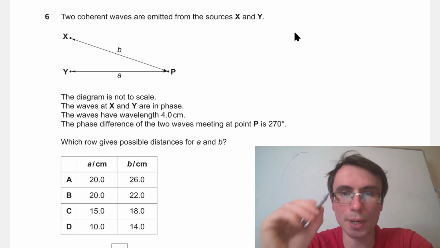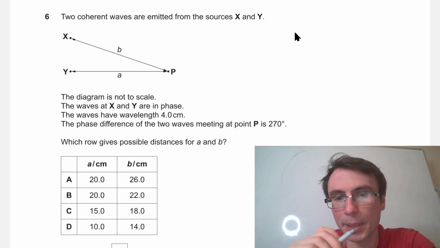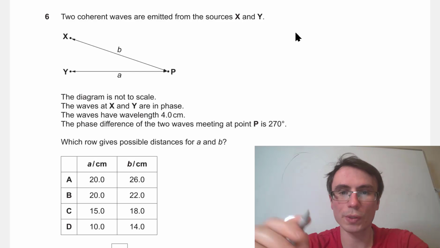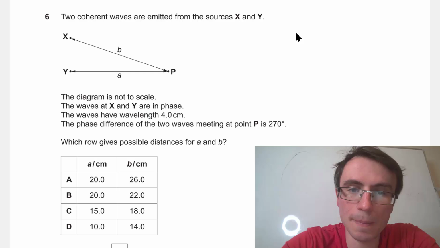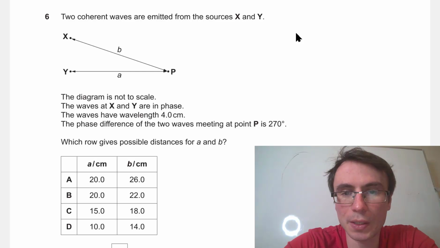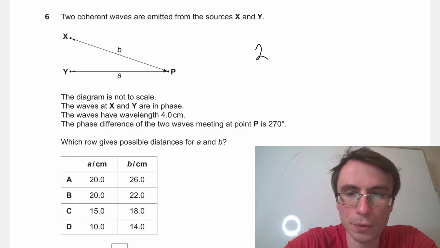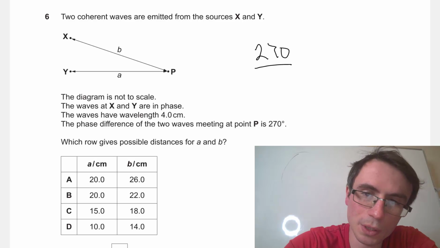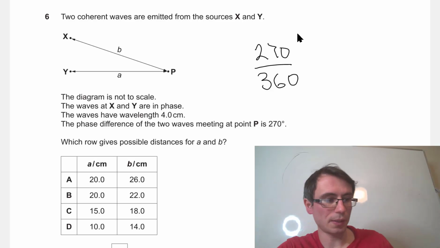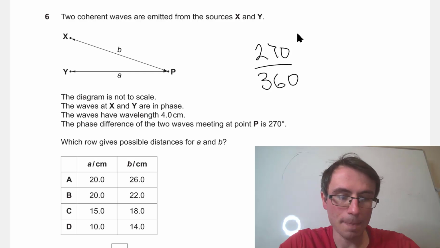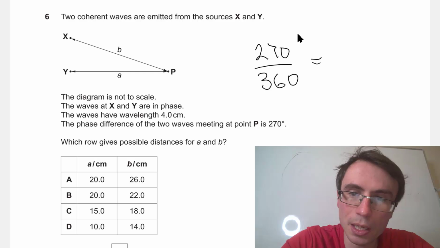Okay, so if they meet at P with a phase difference of 270, given that the whole cycle is 360, let's just calculate that fraction, which will be 270 over 360. And this here will just give me 3 over 4.